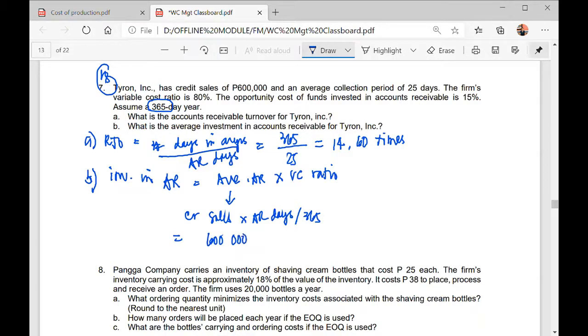Kaya mamaya itong credit sales times the AR days, which is given, 25 over 365. So pila man ni siya? 600 times 25 over 365. Correct. Okay. And remember, kani siya, di ba, mao ni average AR, i-multiply pa nato siya sa variable cost ratio. So, given ba ang variable cost ratio, ano nga problem?